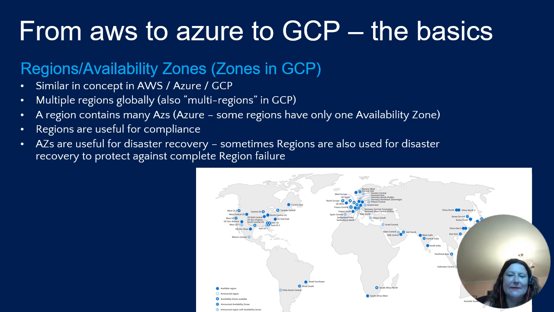Now, some clouds have more regions and zones than others. Google Cloud typically has 3 availability zones per region, but it doesn't have as many regions. AWS and Azure tend to have more regions, but the number of availability zones differs according to which region you're in.